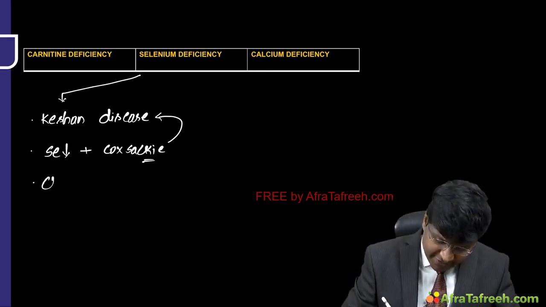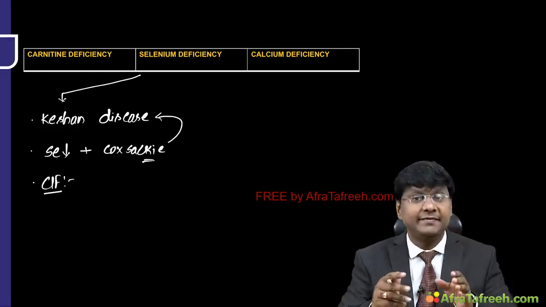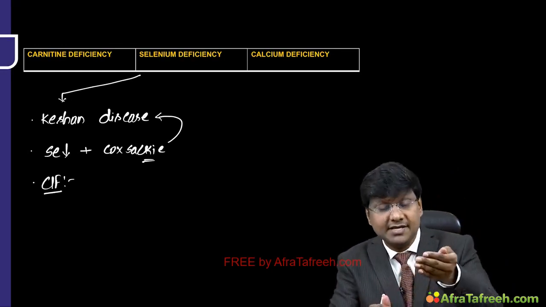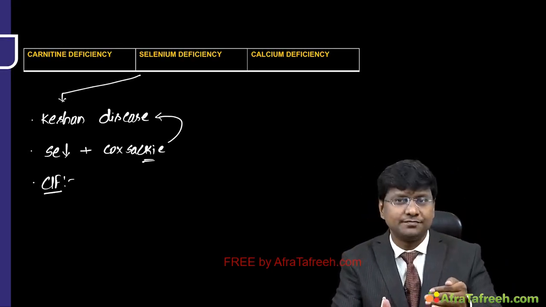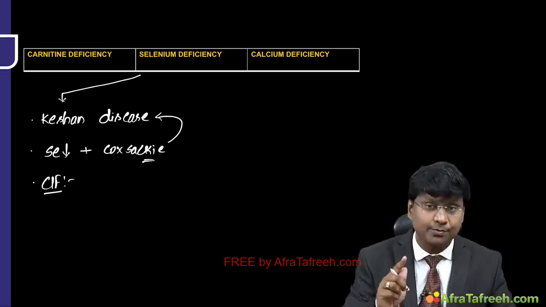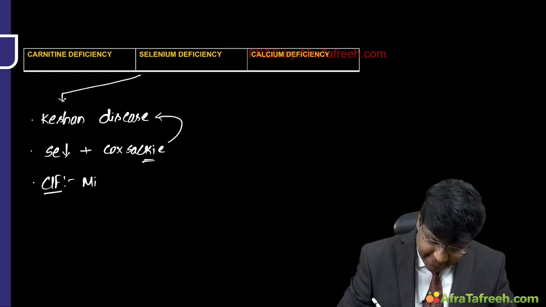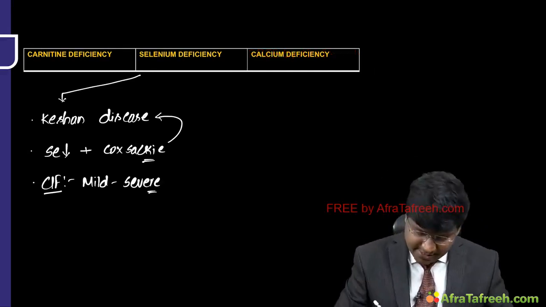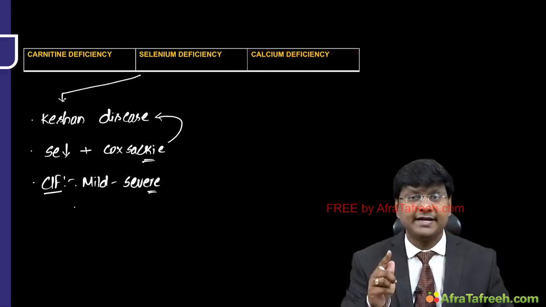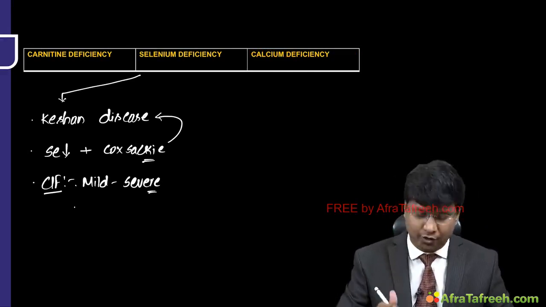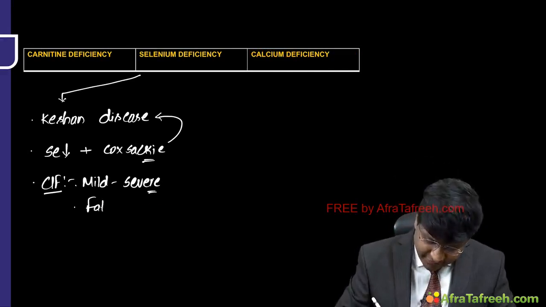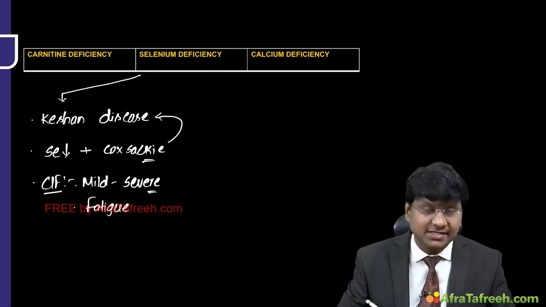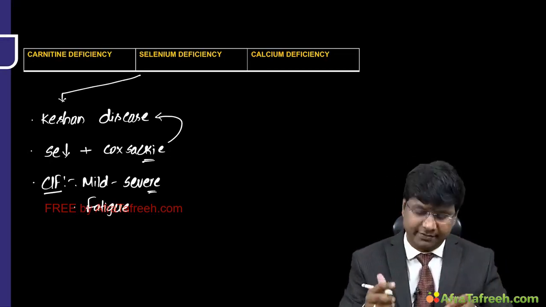Now, what will be the clinical features in Keshan's disease? Once the individual develops dilated cardiomyopathy, there can be decrease in cardiac output. So, there can be mild to severe forms of selenium deficiency. And in these individuals, because of dilated cardiomyopathy, the decrease in cardiac output will result in fatigue, because once the perfusion to the organs reduces, there will be fatigue.